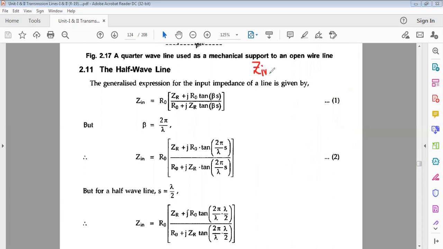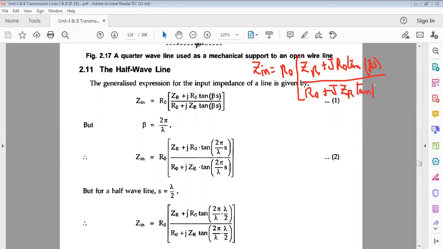Zin is equal to R0 into ZR plus J into R0 tan beta S, divided by R0 plus J into ZR tan beta S, where S is the length of the transmission line, assuming here a half wave line.